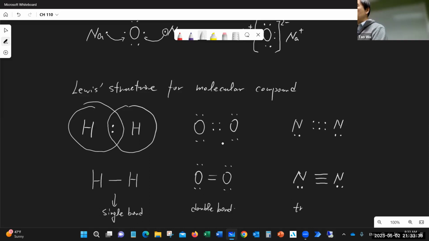So this is called a triple bond. This is generally the rule for Lewis structures: they are sharing electrons instead of completely gaining or losing electrons.